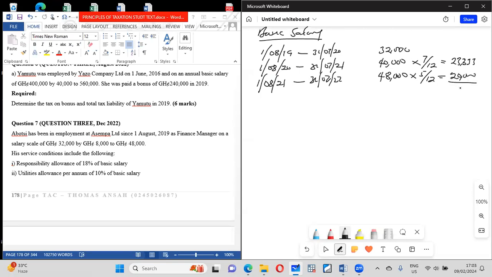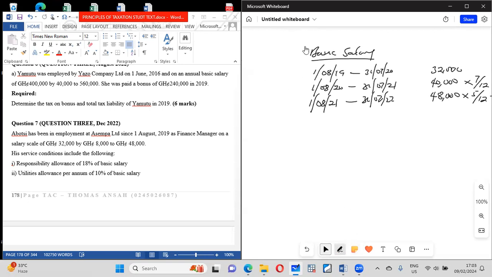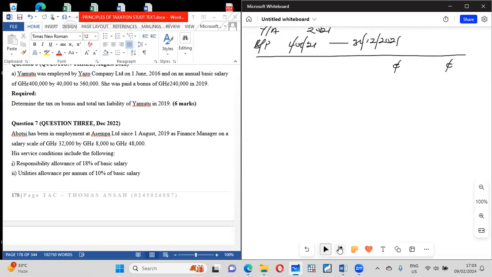So in all, it means my basic salary is what? 43,333. So I'll come here. This is my workings 1. And I'll start with basic salary and reference the examiner to my workings 1. Basic salary, workings 1, 43,333.33.